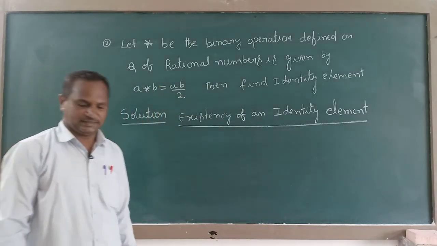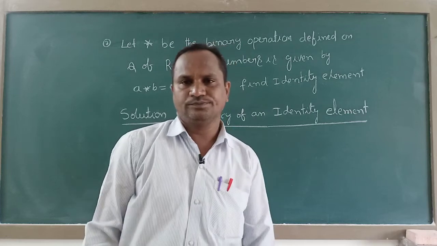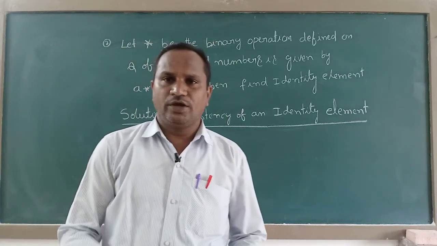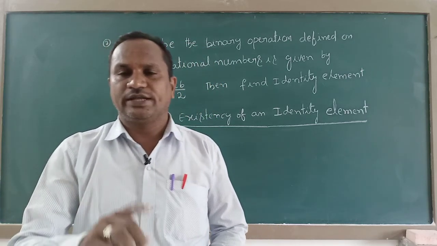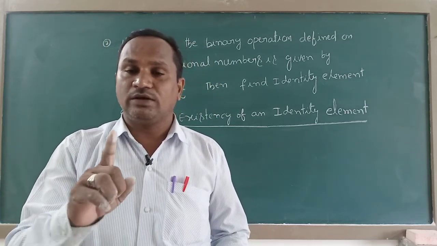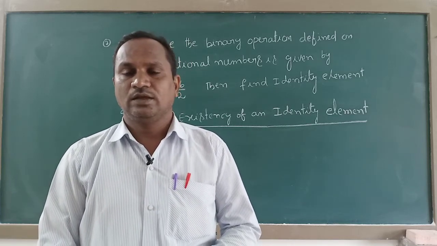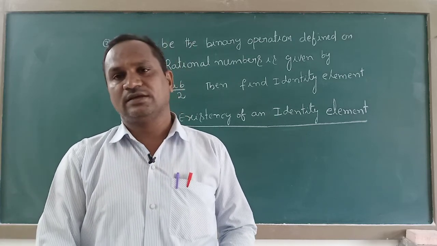First we should write the formula, as I have already mentioned. When you are finding an identity element, you should get one and only one value that should be the same on both sides. Then only an identity element exists.